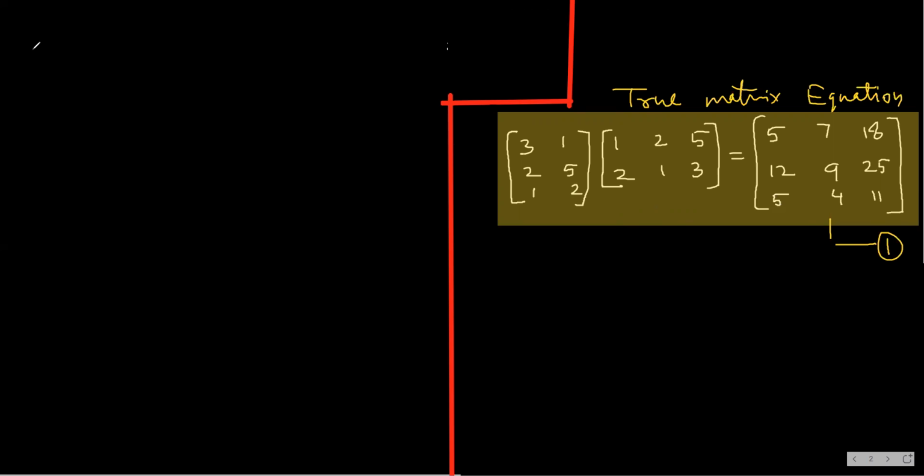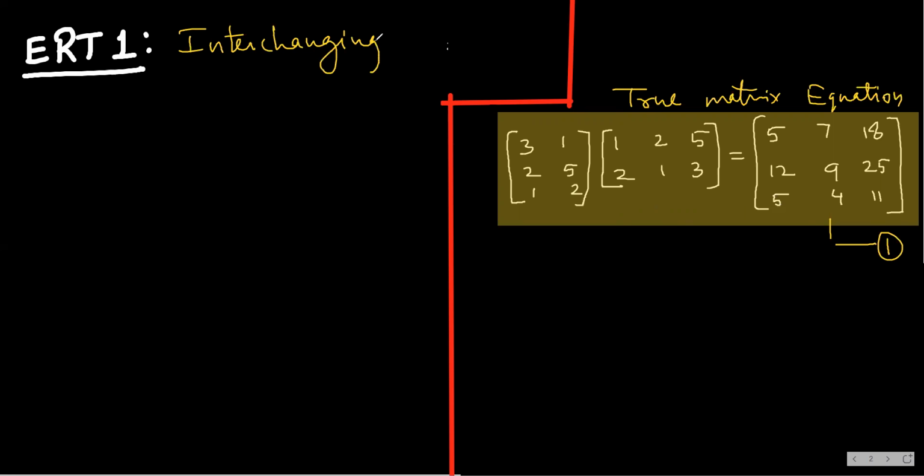See, the first elementary row transformation is ERT number 1. What is it? It is interchanging any two rows.